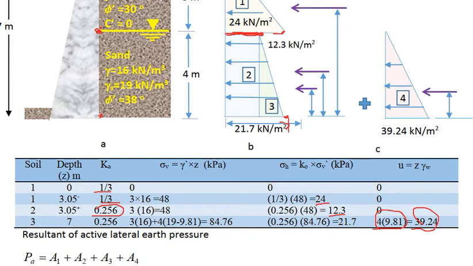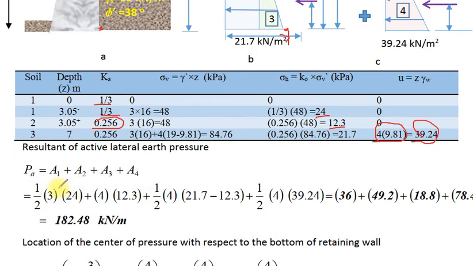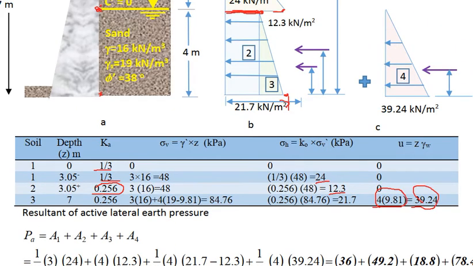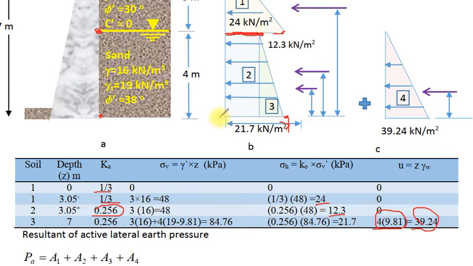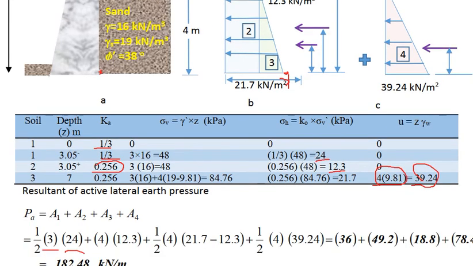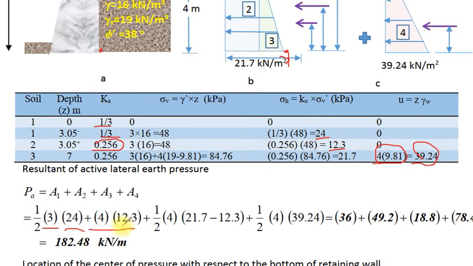For the first region, 1/2 times 3 meters, the height, times 24, the stress, plus A2 for the second zone. Here is a rectangle with a height of 4 meters, so 4 multiplied by 12.3.